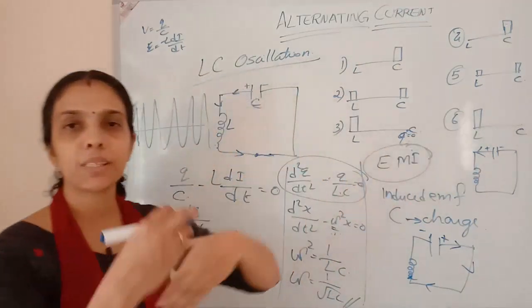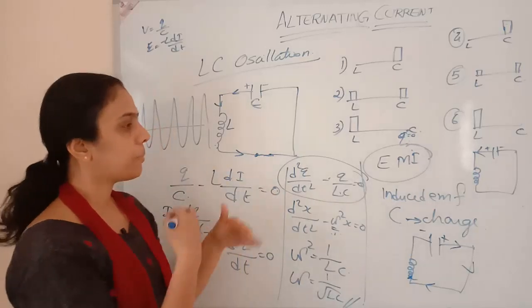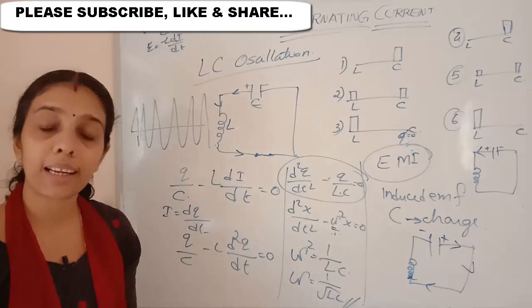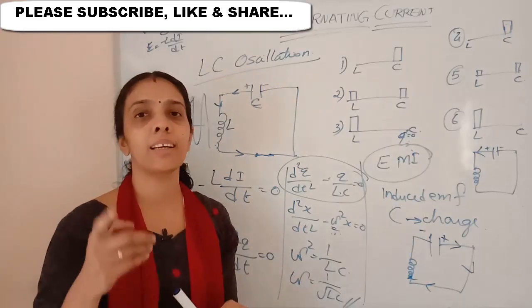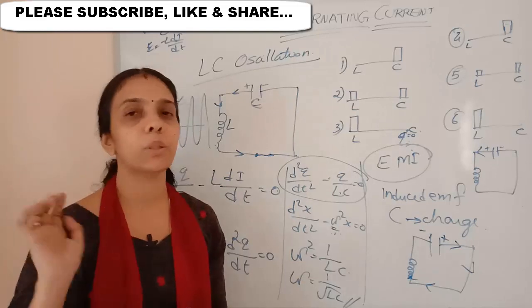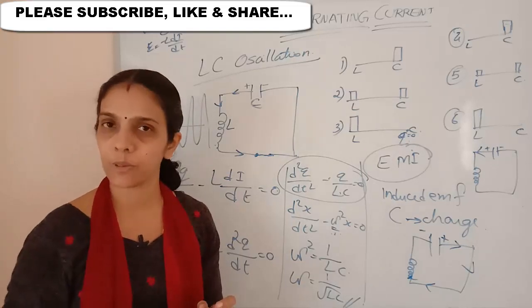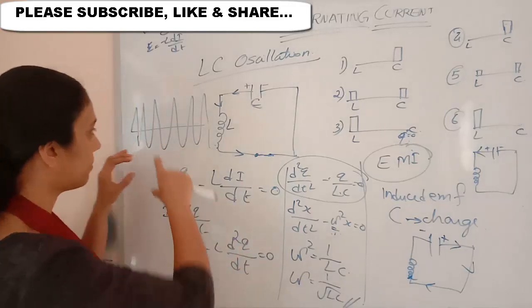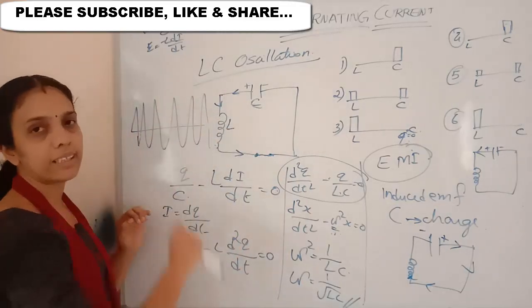The same steps follow again and again, so we get an oscillation. But in practice, it is not an undamped oscillation, it is a damped oscillation only, because the amplitude is decreasing.